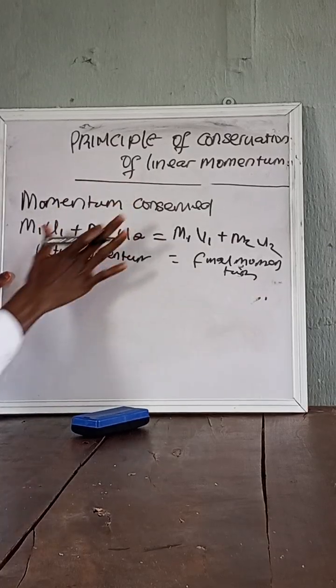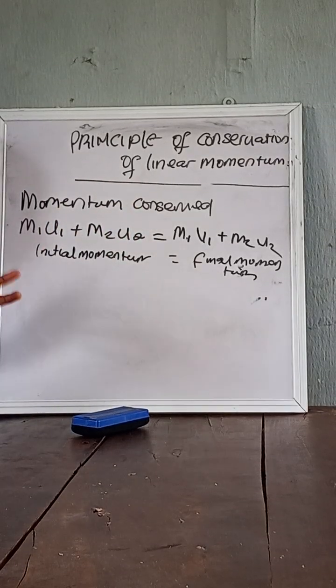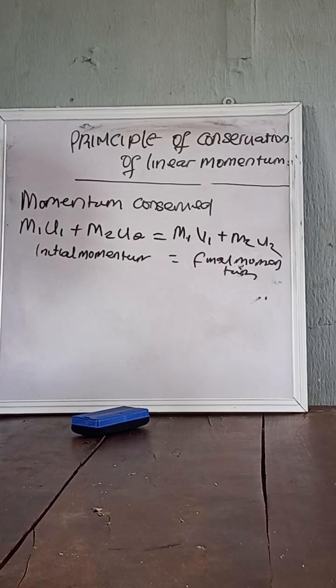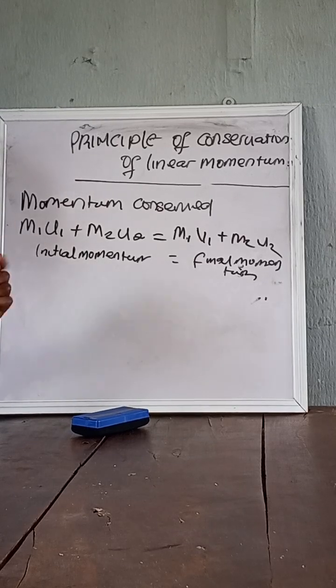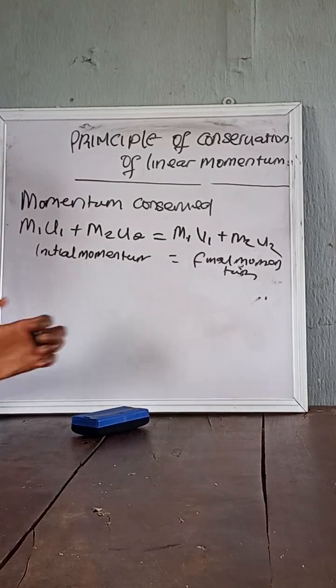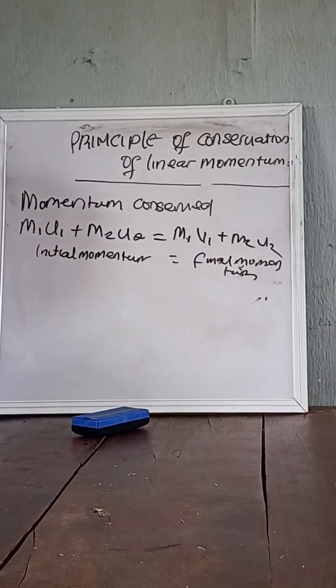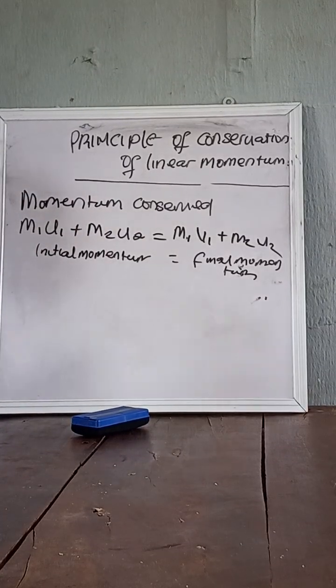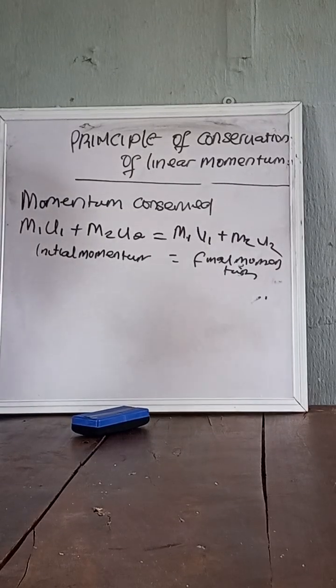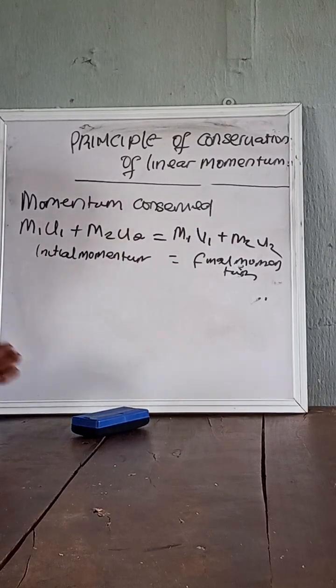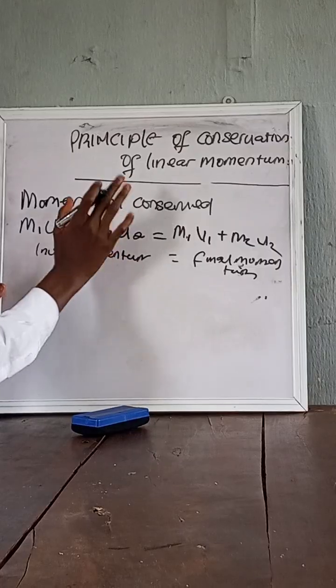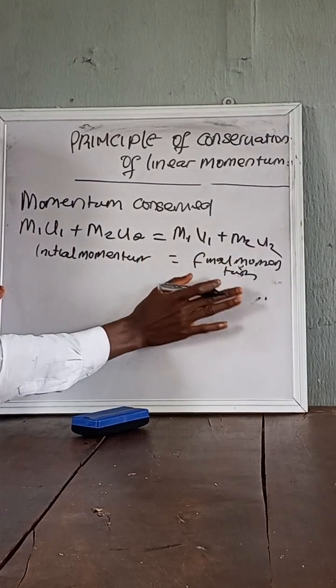This is elastic collision. Just use the logical example I used: when two cars are coming, once they collide, they separate. That's elastic. But if immediately they collide they stick to each other, that's inelastic. In inelastic, objects stick. In elastic, objects will separate.